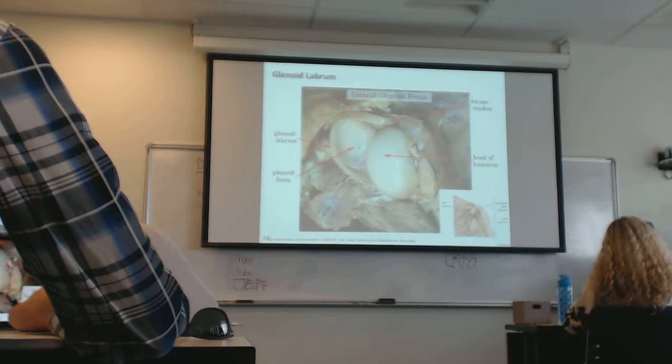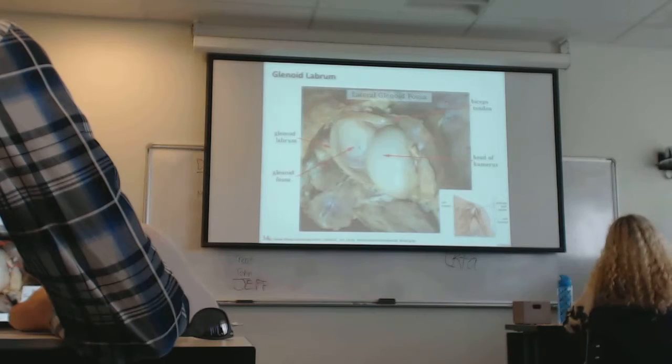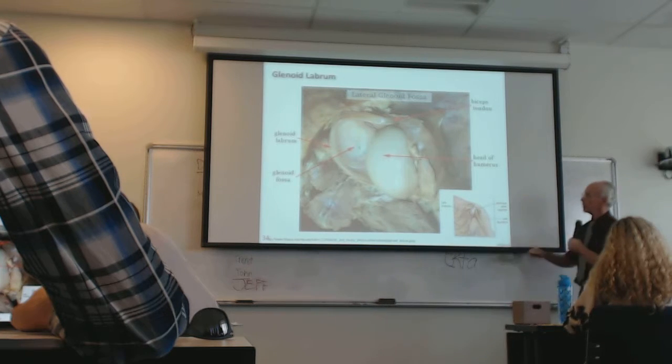So here we can see, this is not a fried chicken dinner's preparation. What we're looking at here is the head of the humerus. You can see the articular cartilage on the head of the humerus, and of course you can probably harken back to that replacement surgery that we saw in the hip. The same sort of arrangement.